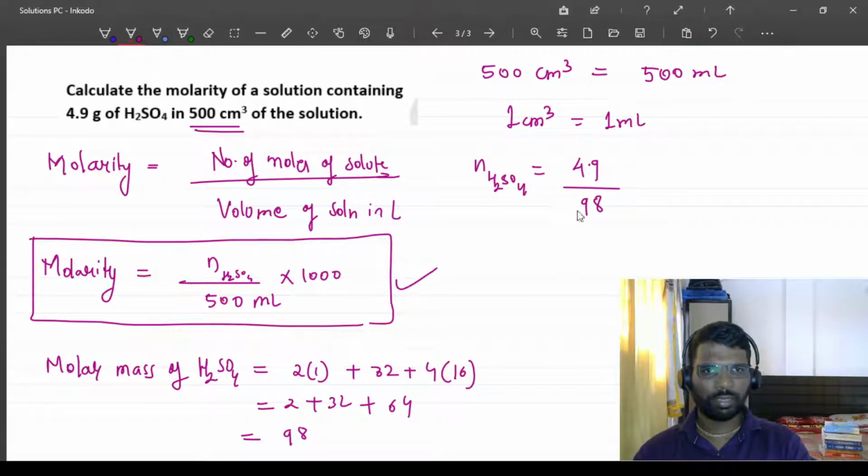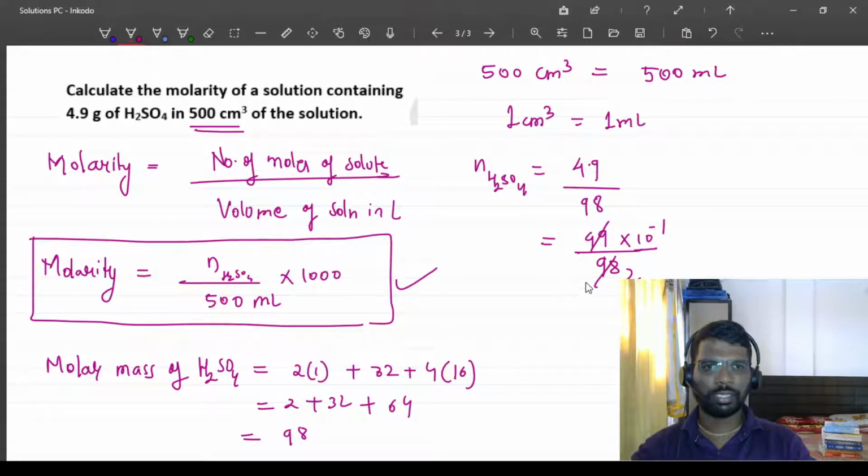Right? And don't worry, we can do this without using a calculator. I can write the top value 4.9 as 49 into 10 raised to power minus 1, right? Writing this way, 4.9 and 49 into 10 raised to power minus 1 are one and the same, divided by 98. So 49 ones are 49, 49 twos are 98.